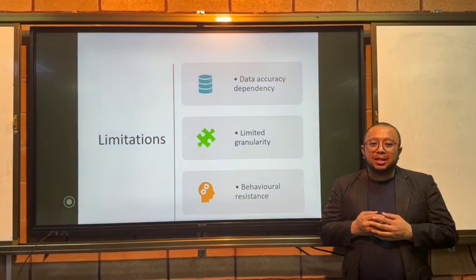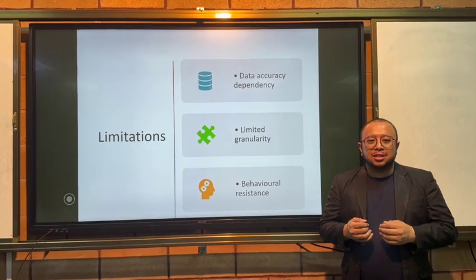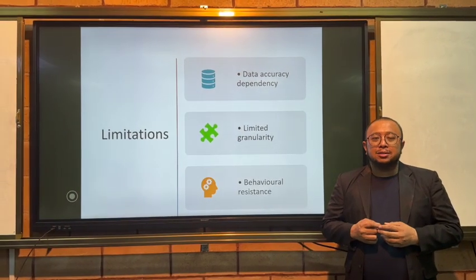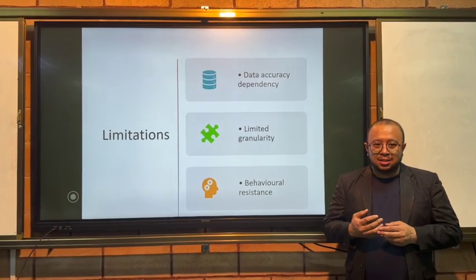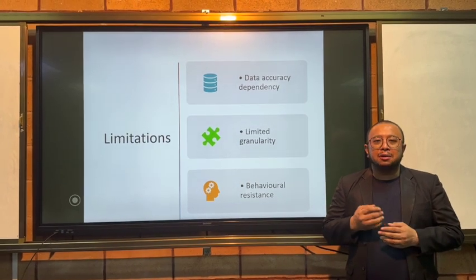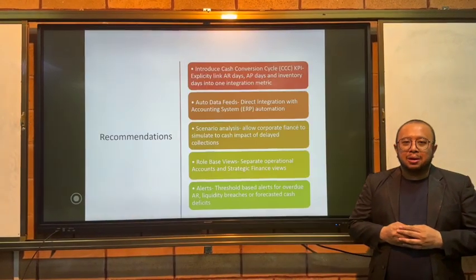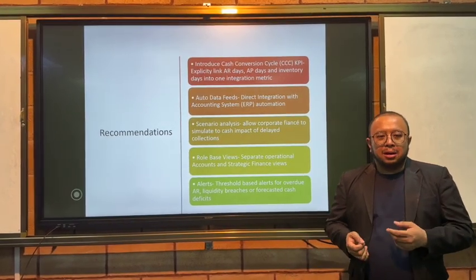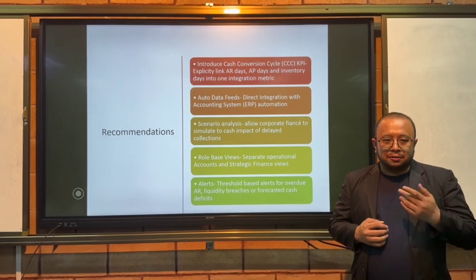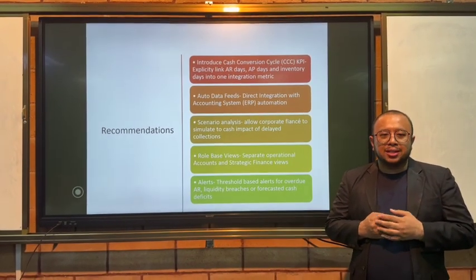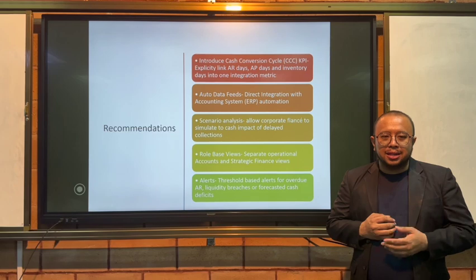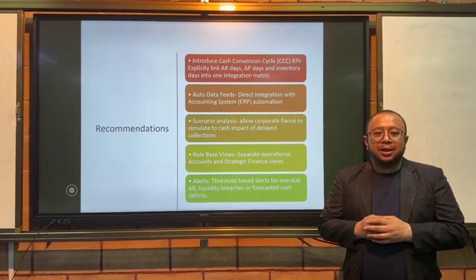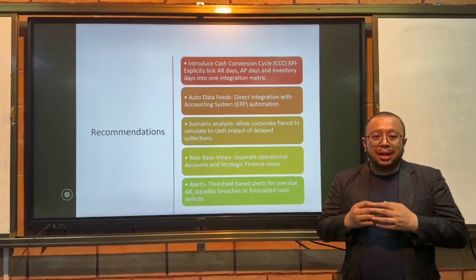However, it also comes with limitations such as data accuracy dependency, limited granularity, whereby it provides summarized insights, and behavioral resistance from inter-departments. Therefore, to address the limitations, we recommend 5 steps. Firstly, introduce a cash conversion cycle KPI, explicitly linking account receivable days, account payable days, and inventory days into one integrated metric.